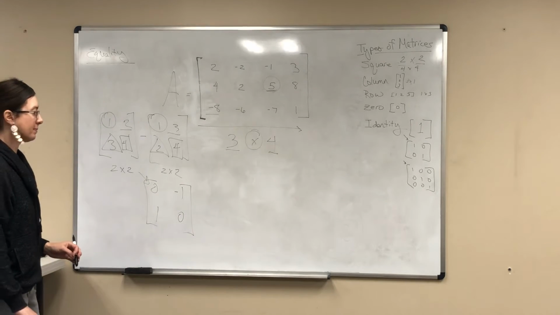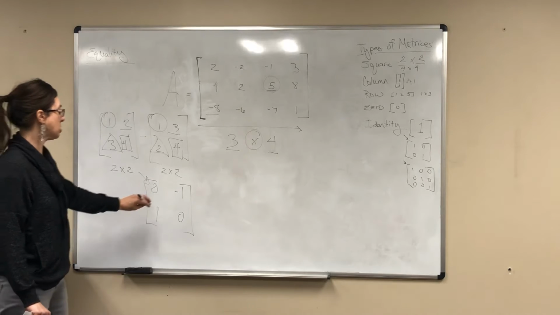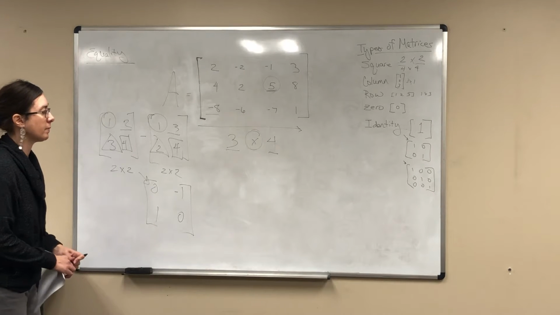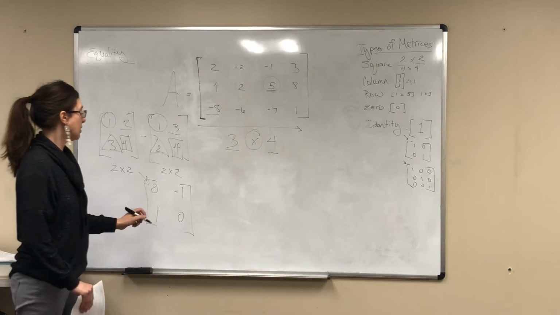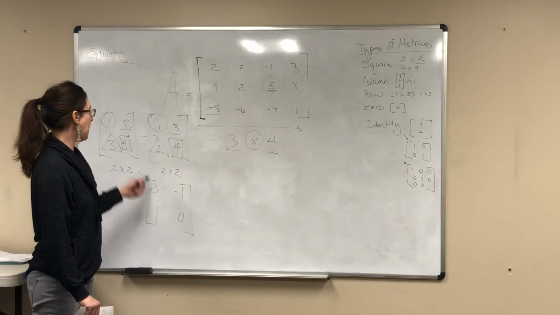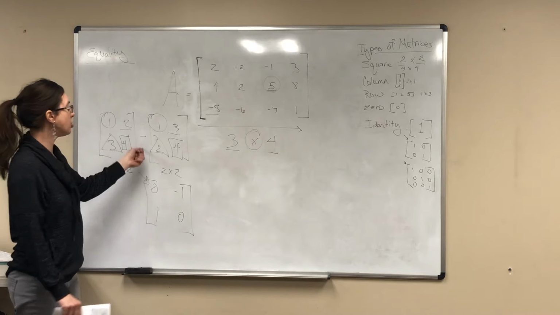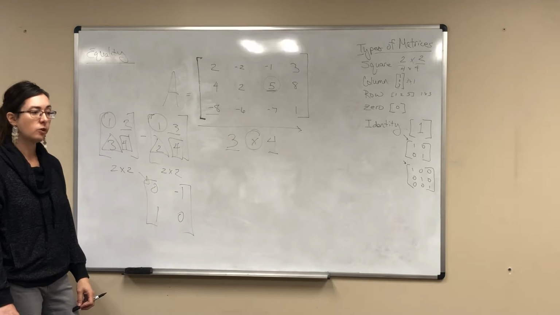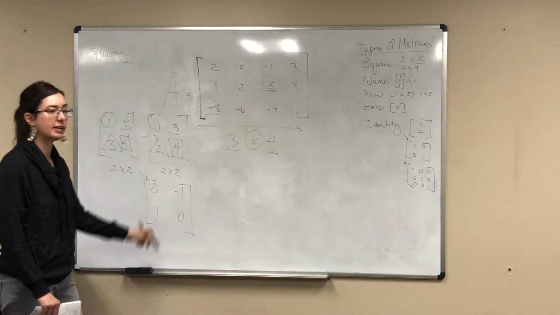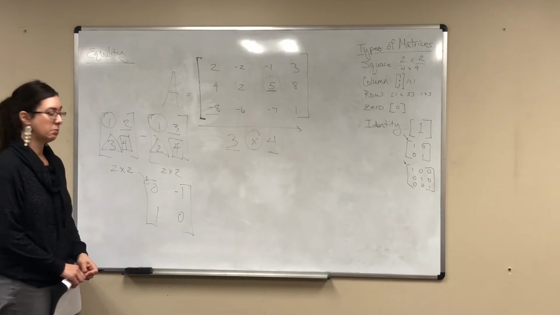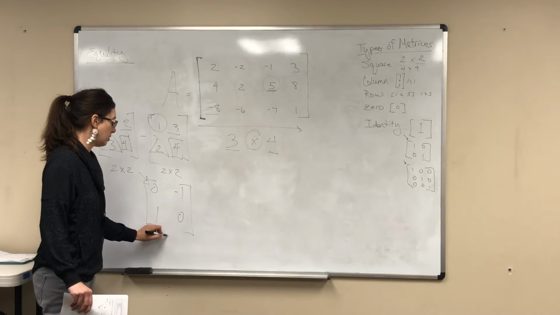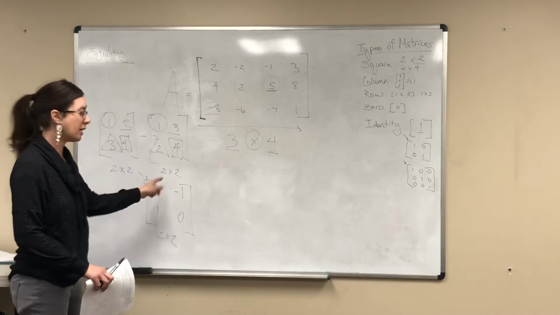Identity would be the one with ones along the diagonal. If they said subtracting these two matrices gives you an identity, the answer would be no. This is not an identity matrix. It's a square. It's just simply an answer. It's a 2 by 2 answer. It's not an identity.